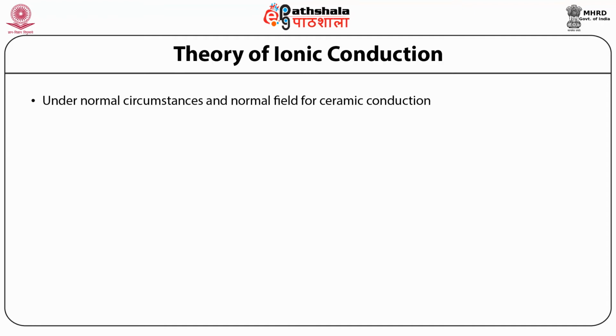So now under normal circumstances and normal field for ceramic conduction, the fields are quite small, a few volts per centimeter, and thus the field induced energy change is small as compared to thermal energy. That is, 1 by 2 ZEE delta is very less than KT.